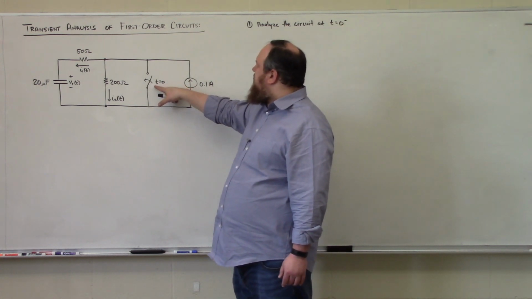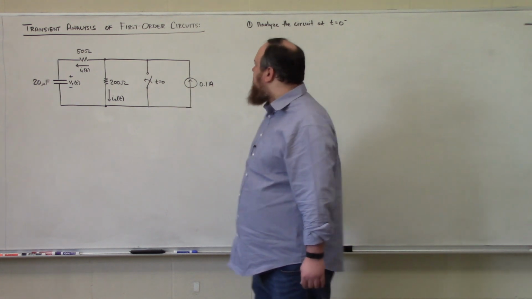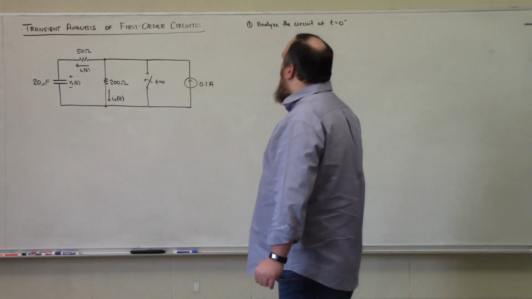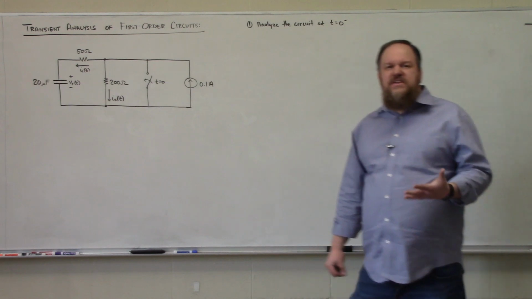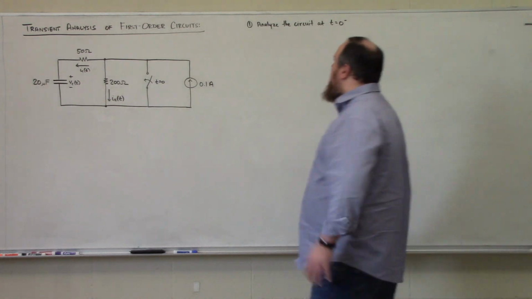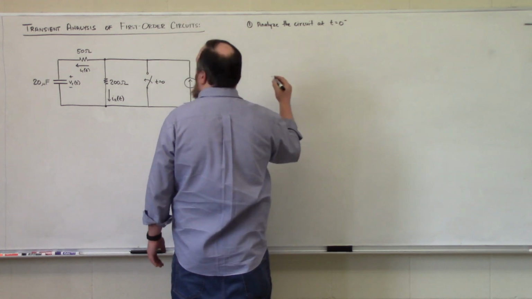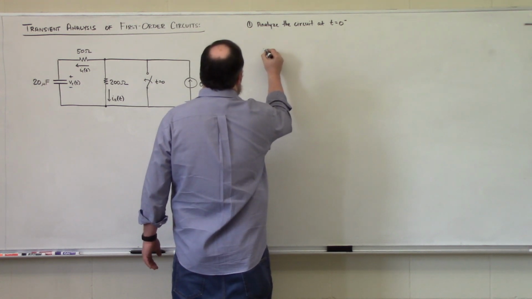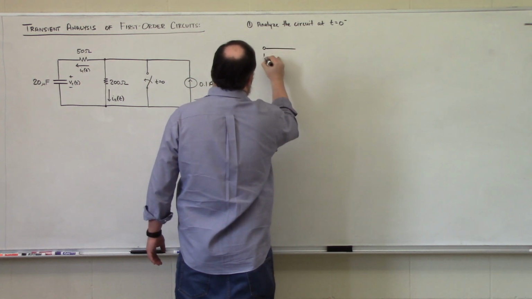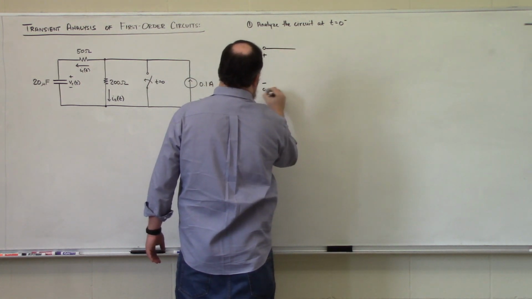So we're told that it's open and then it's closing at t is equal to 0. Again, at t is equal to 0 minus, we're at DC steady state. So what that means is that our capacitor is going to be replaced by its DC steady state equivalent, which is an open circuit.